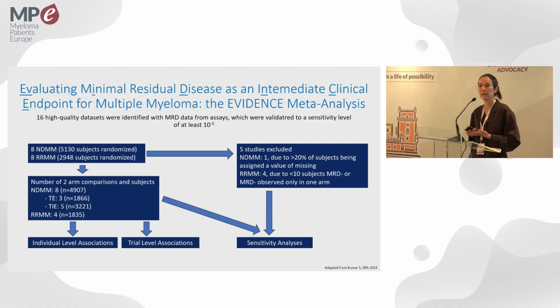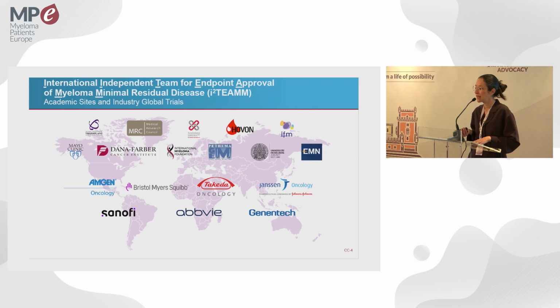included in trials showing this very high benefit of reaching MRD negativity, 2 publications were published. The first one was the one that you have in the slide right now, the evidence meta-analysis from the group of Ola Landgren. And then the publication of the I2 team, so lots of companies, universities, lots of people working in this initiative.